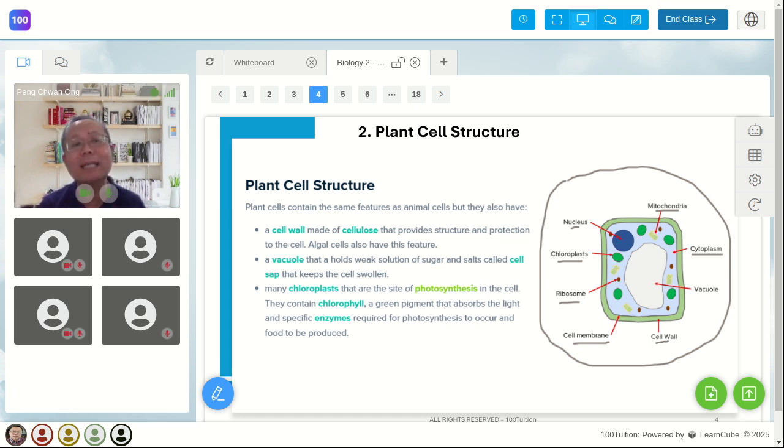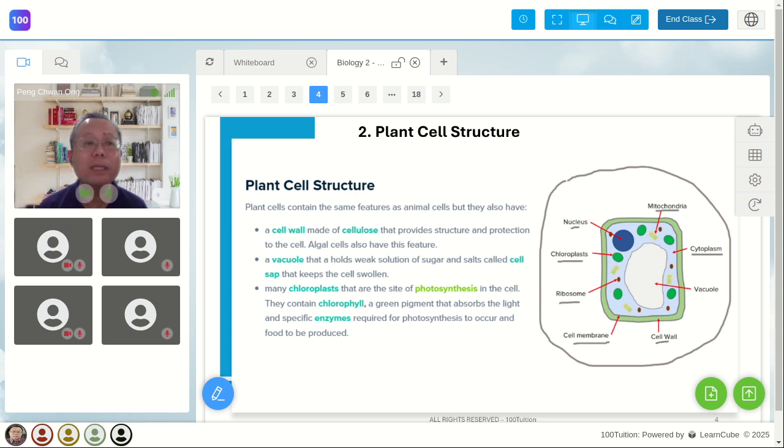Whereas an animal cell doesn't have a cell wall, so there's a tendency, when water enters the cell through osmosis, for the animal cell to burst, because it doesn't have a rigid cell wall to protect it.